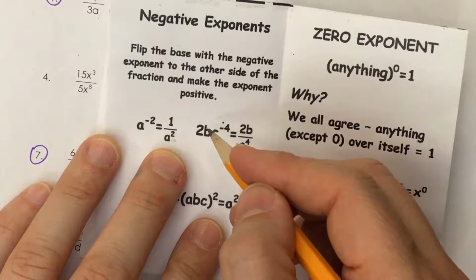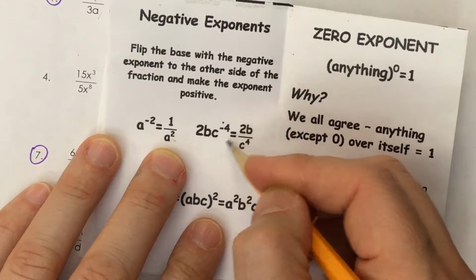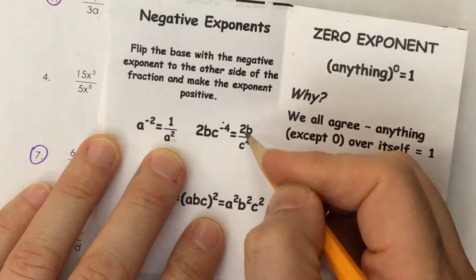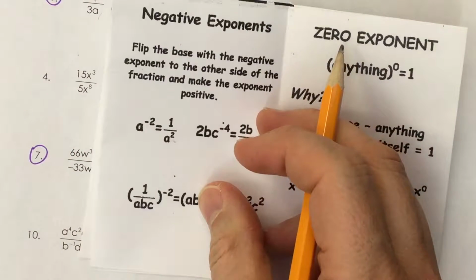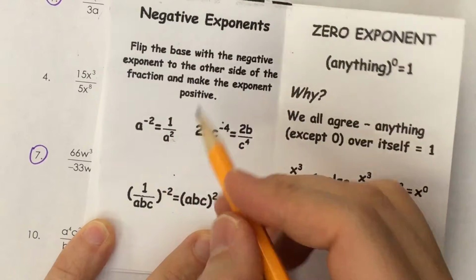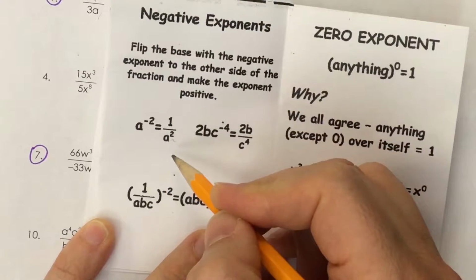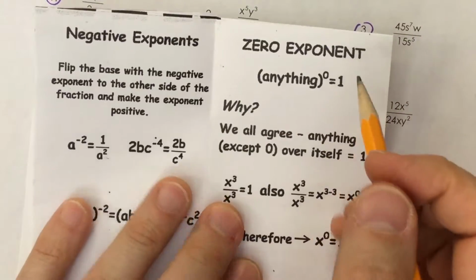This 2b c to the power of negative 4, we move this c to the power of negative 4 downstairs. We get 2b divided by c to the 4. So that's how the negatives work. If it's upstairs, move it downstairs to make it positive. If it's downstairs, move it upstairs to make it positive.